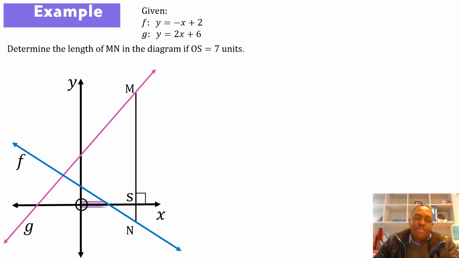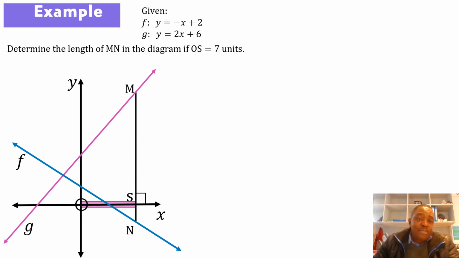Now, OS being 7 units, there's OS from the origin to point S, where the line MN cuts the x-axis. Now, really, that's just an indirect way of telling you that where point S is at, the x-coordinate is 7. That's the only way it can be 7 units. So then it means we know that at every point on the line MN, the x-coordinate is 7.